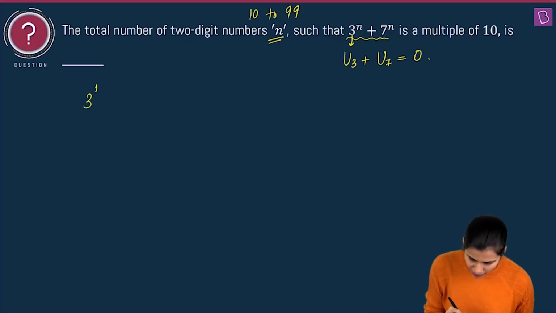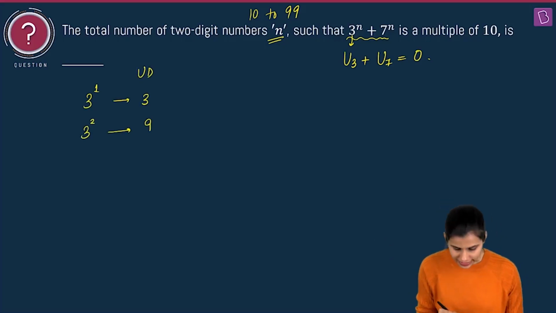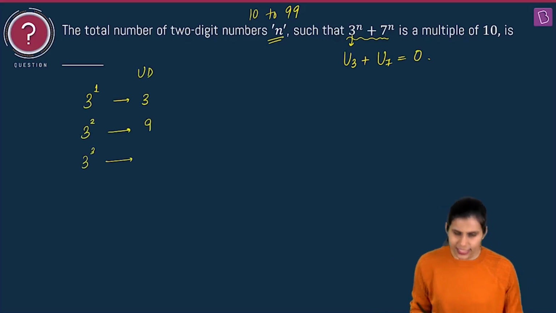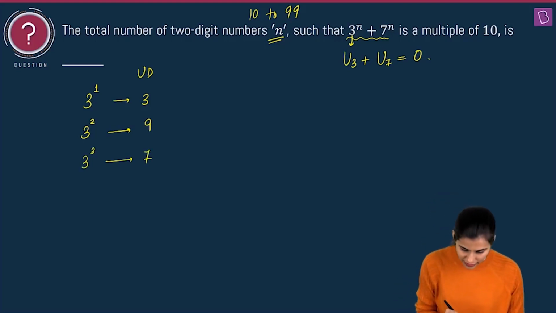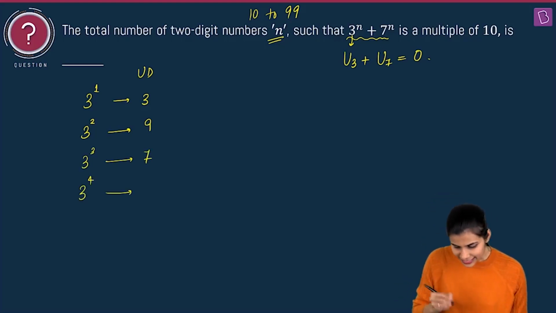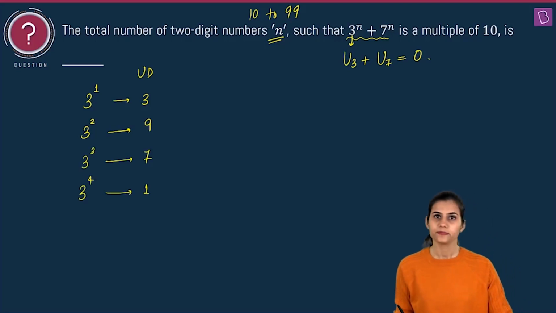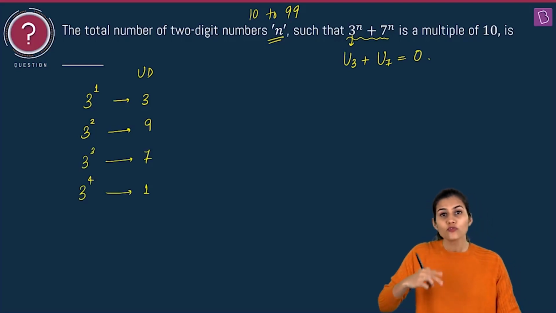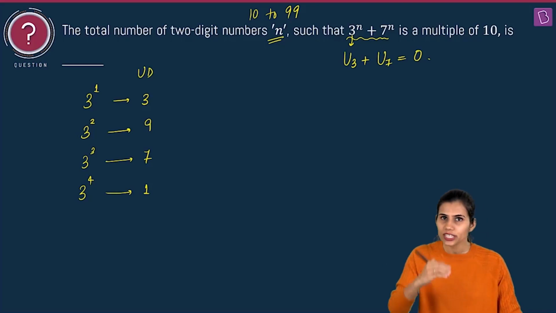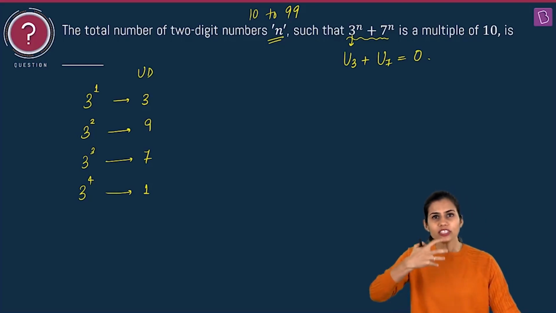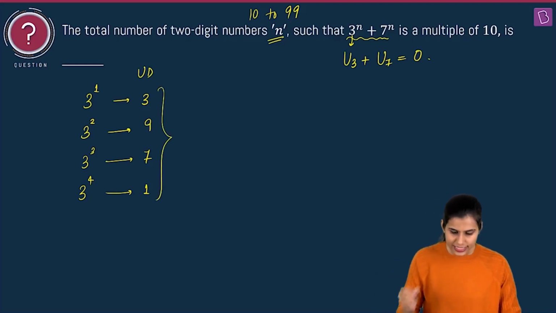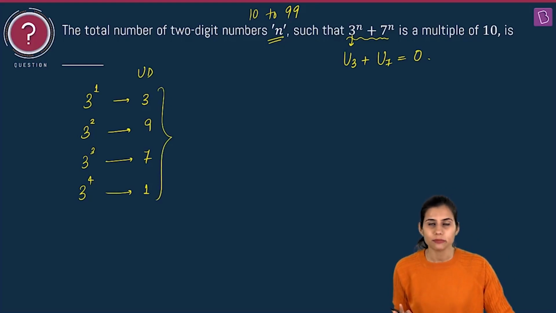See, 3 to the power 1 has units digit as 3. 3 square has units digit as 9. 3 cube is 27, units digit is 7. 3 to the power 4 is 81, units digit is 1. 3 to the power 5 will give you 243, again units digit is 3, repetition starts. So in every chunk of 4, you are getting the exact same pattern. The pattern is getting repeated basically.